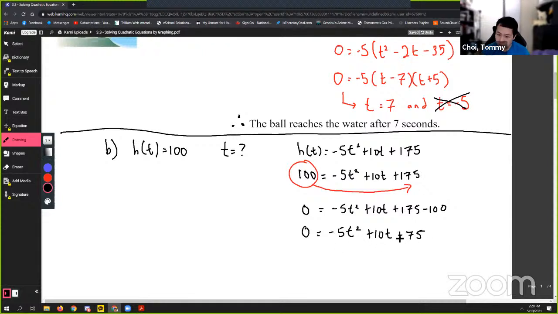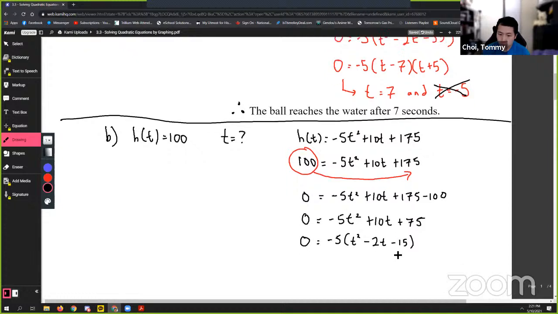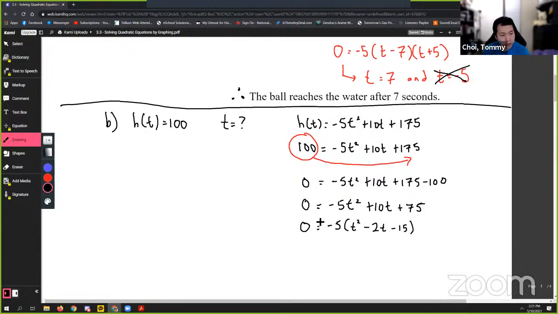From here, to solve for t, we have to factor it. So we're going to factor this. Same thing, we're going to common factor first. So we get t squared minus 2t, and 75 divided by negative 5 is negative 15. And then now we have to factor this one here. So a is 1, b is negative 2, c is negative 15, so ac is just negative 15.